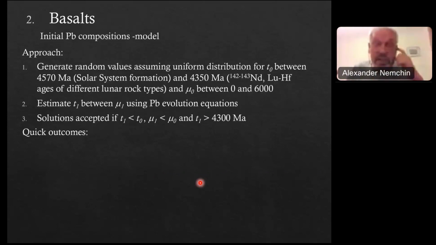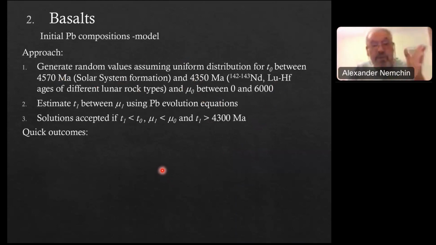We can also set limits for mu0, say between 0 and 6,000. We can go to 10,000, it doesn't really matter, because we're trying to estimate limits of all these parameters, and as you will see in a minute, they will be pretty much independent of the precise selection of these ranges.